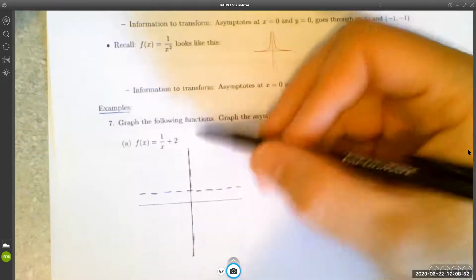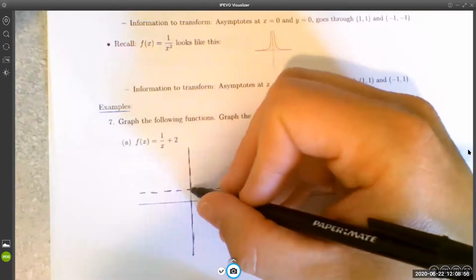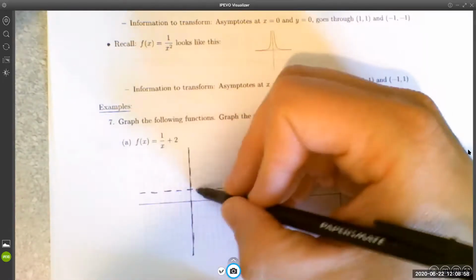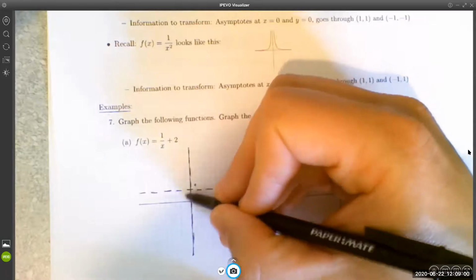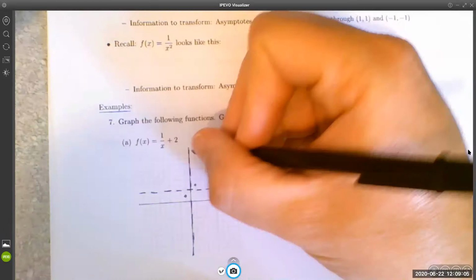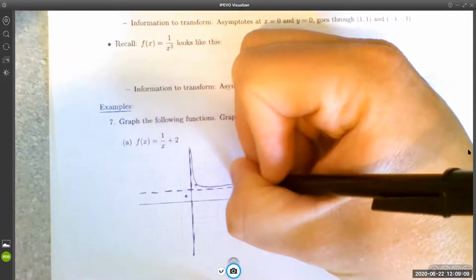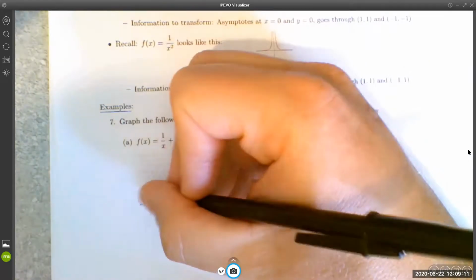And now you can think of these asymptotes as our new axis system. So for 1 over x, we need to plot 1, 1 and negative 1, negative 1, and then just remember what the function looks like, right? So it kind of looks like this and this.